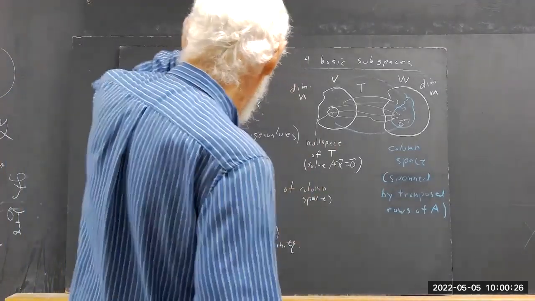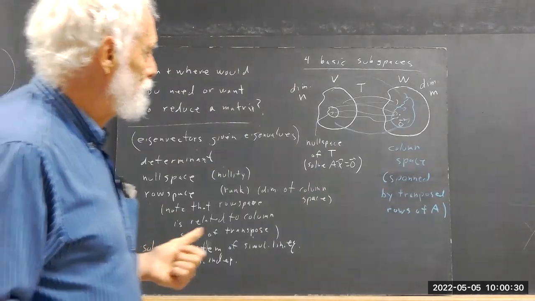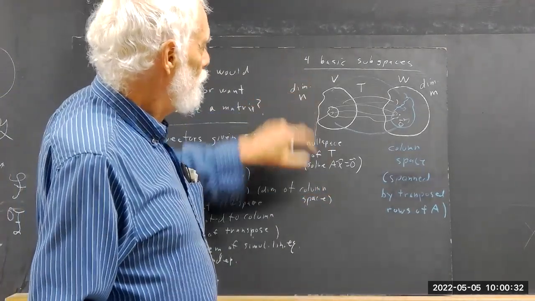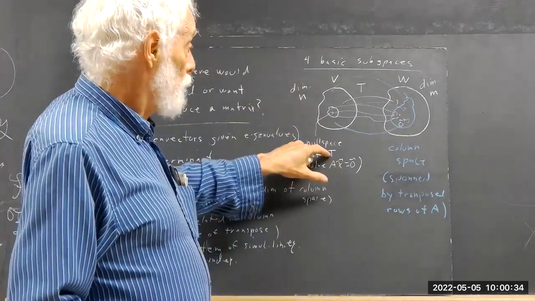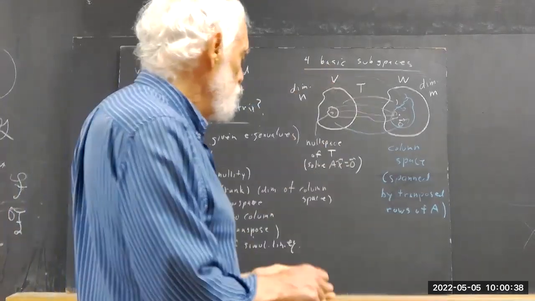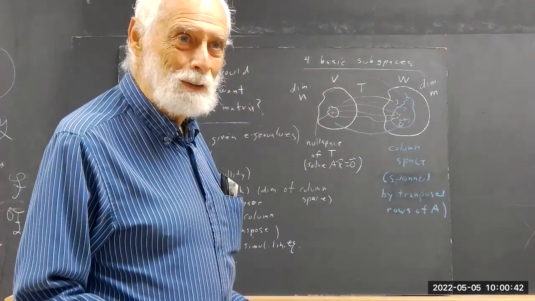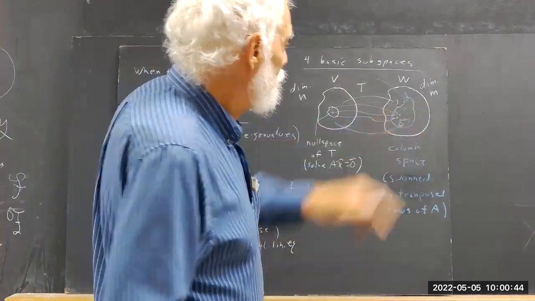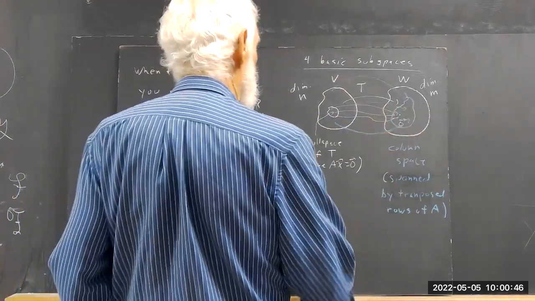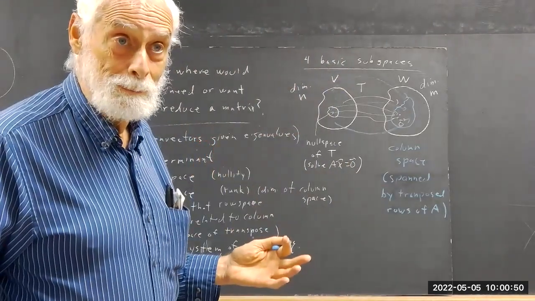So your column space and your null space both come from the matrix A that represents this transformation. Okay, well, I don't have much more room up here to label anything, but let's label now what happens if you apply the transpose matrix.